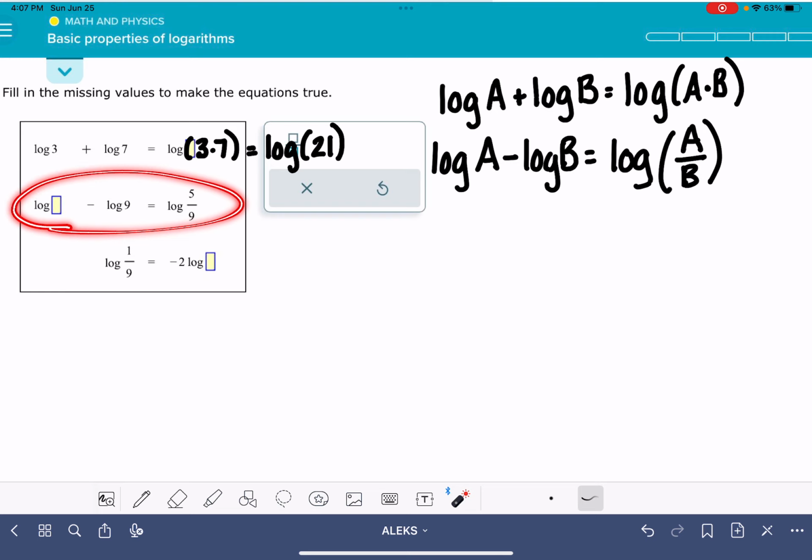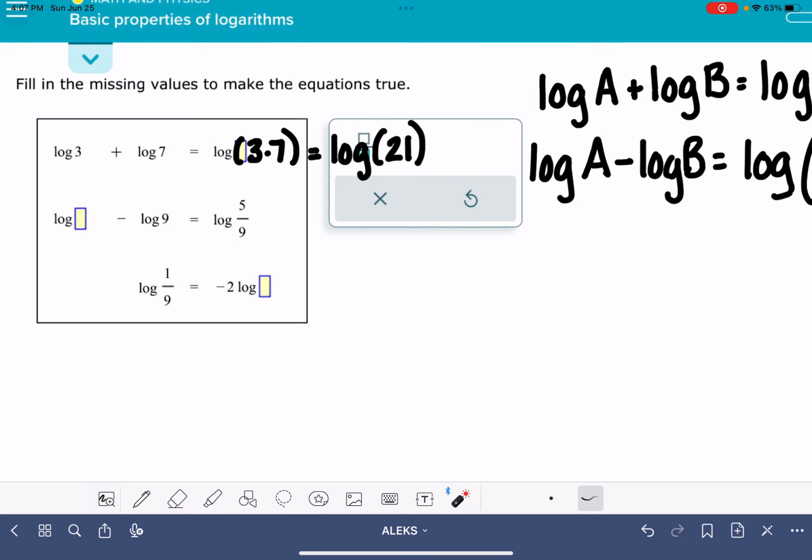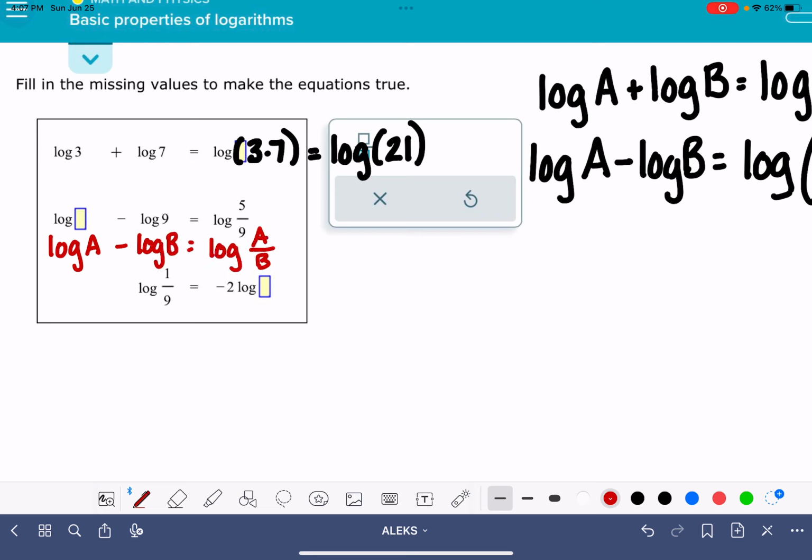So we'll use that to help us solve this term over here, just sort of filling in that format. If we have the log of A minus the log of B, that is equal to the log of A over B. In this case, 5 is our A and 9 is our B, and the number that's missing is 5. I'm going to go ahead and get this out of the way.